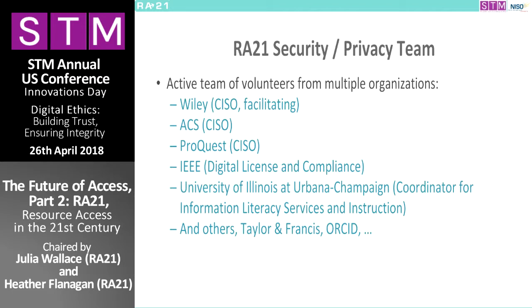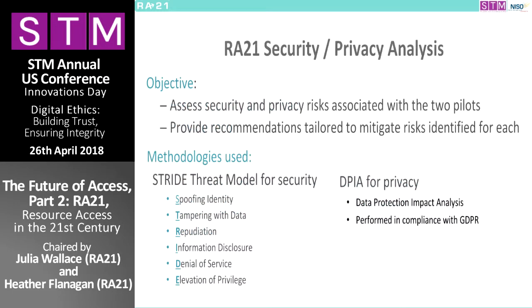So we have CISOs, we have people in charge of licensing compliance, and also library representatives coming together, meeting once a week and assessing the pilots using various criteria. We have a document right now in draft form, about 37 pages, and when it's completed, we'll share it with everybody.